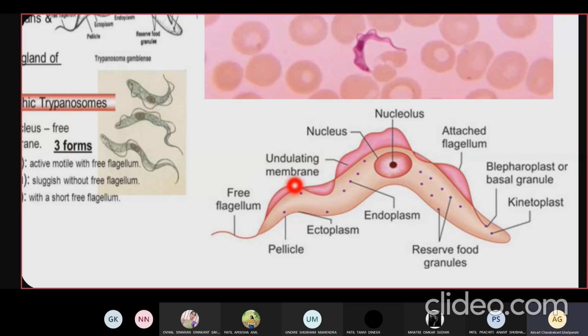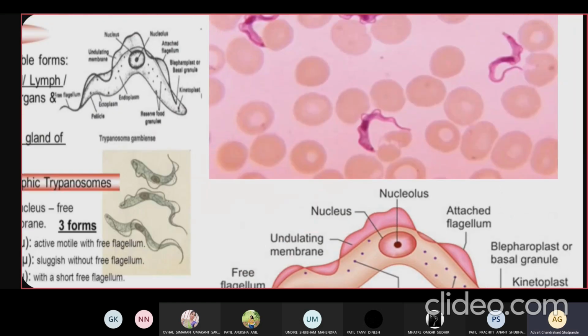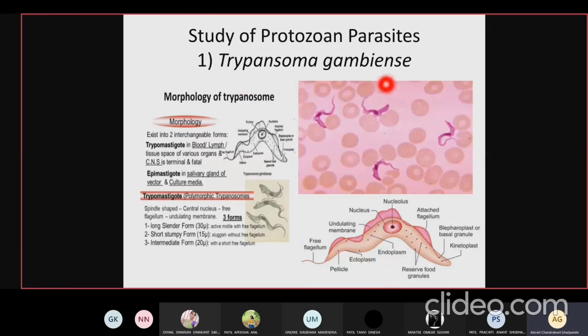Most trypanosomes are fast movers and they multiply by simple fission in the vertebrate. It causes the disease which is called African sleeping sickness.